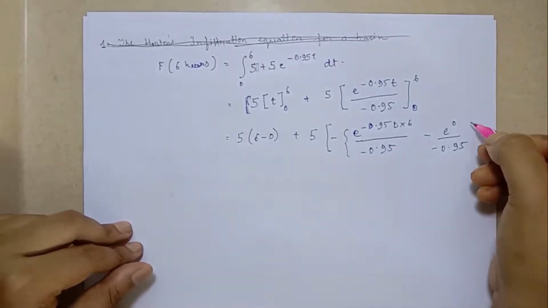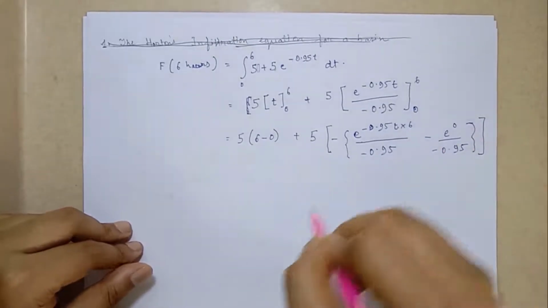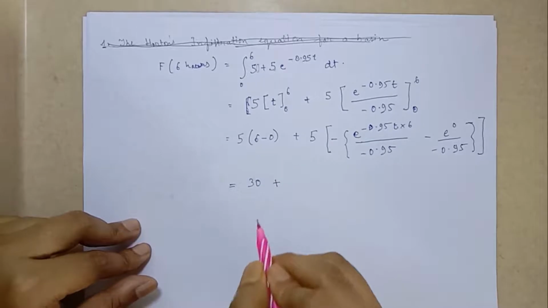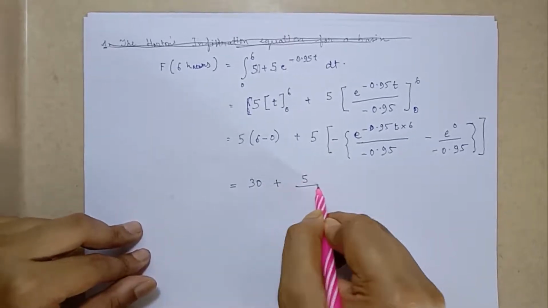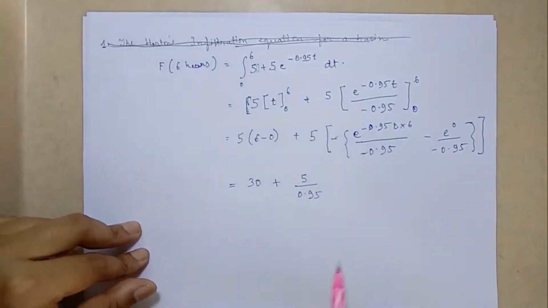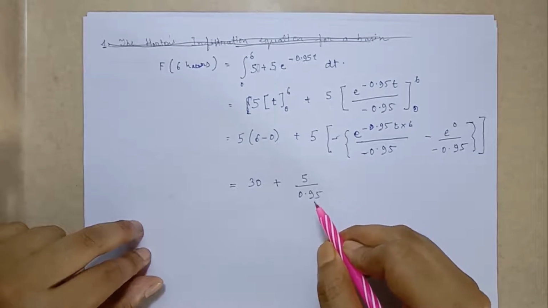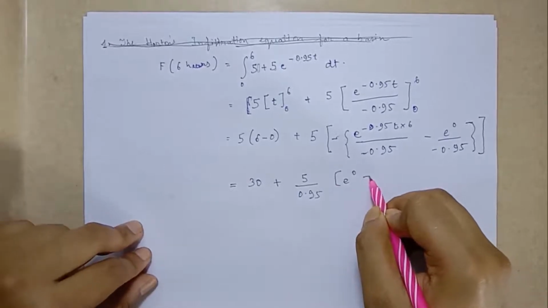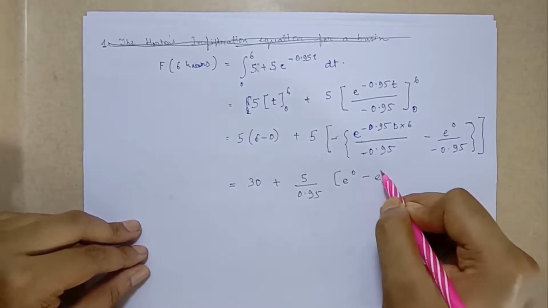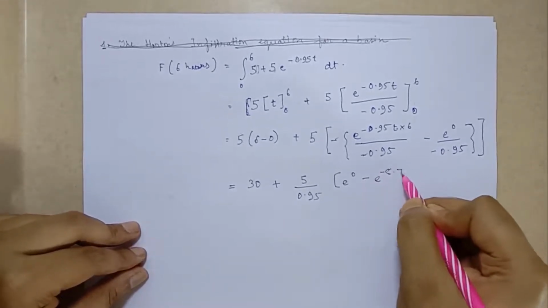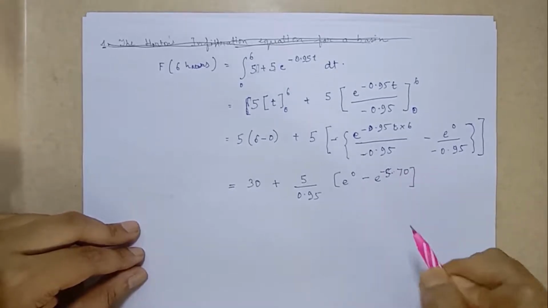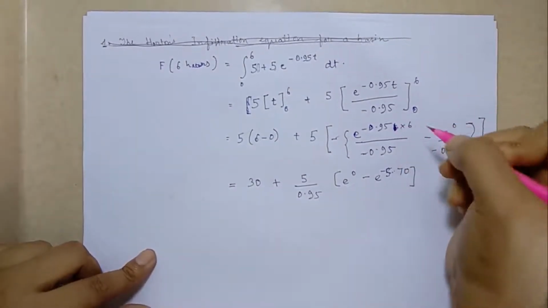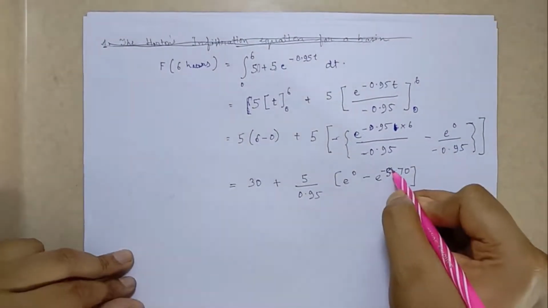On simplification we get 30 plus 5 divided by 0.95 multiplied by (e to the power 0 minus e to the power minus 0.95 into 6), which is minus 5.70.